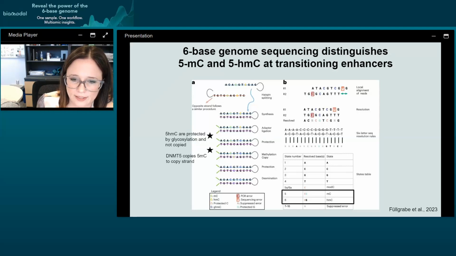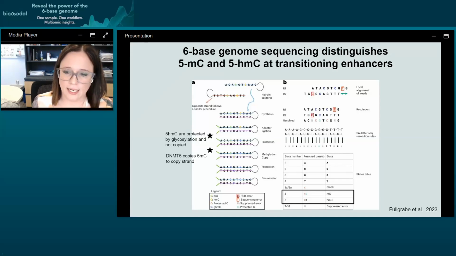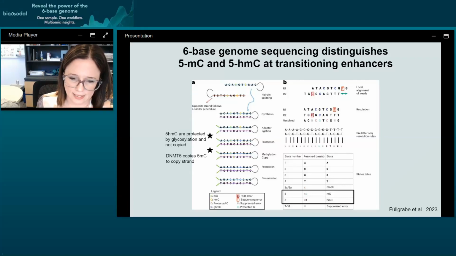So what you end up with is a library of DNA that preserves both the hydroxymethylation and methylated cytosines during the deamination process. And so this protocol, I will say, is very different from whole genome bisulfite sequencing, which doesn't allow you to be able to distinguish between hydroxymethylcytosine and methylcytosine. So we were able to use this in two ways.